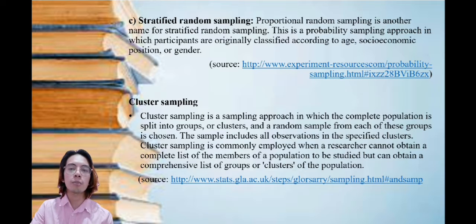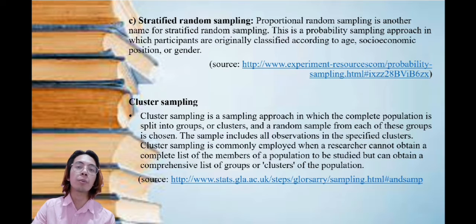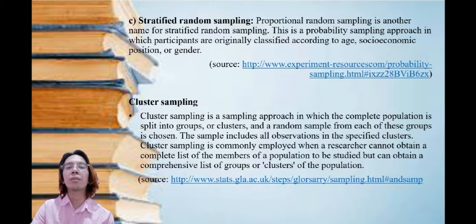Cluster sampling is commonly employed when the researcher cannot obtain a complete list of the members of a population, but can obtain a comprehensive list of groups or clusters of the population. It's also employed when it would be far too expensive.